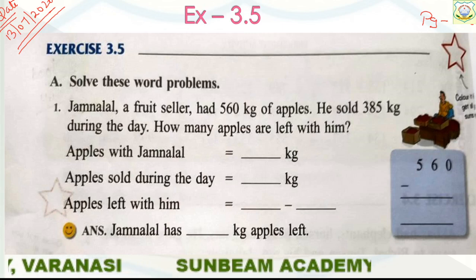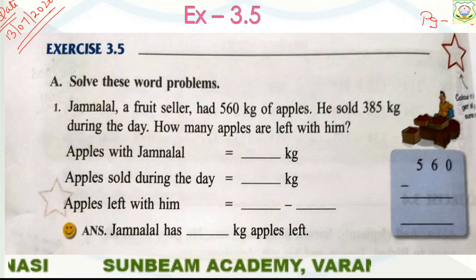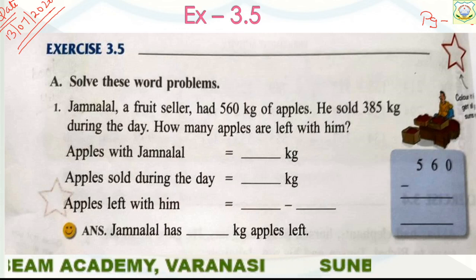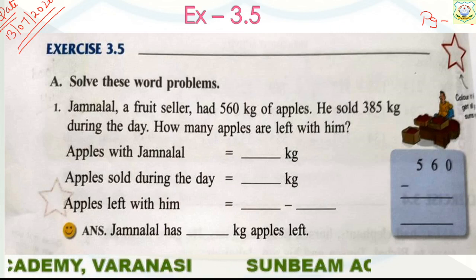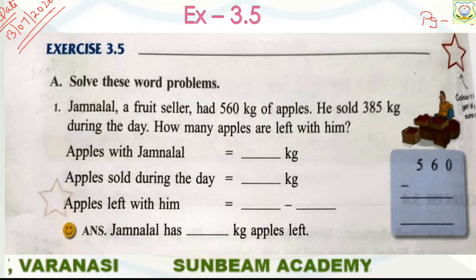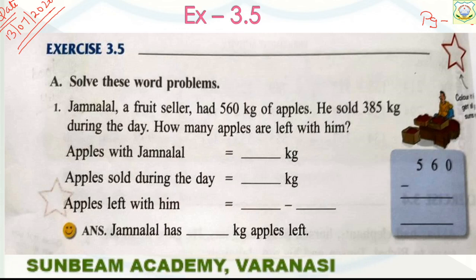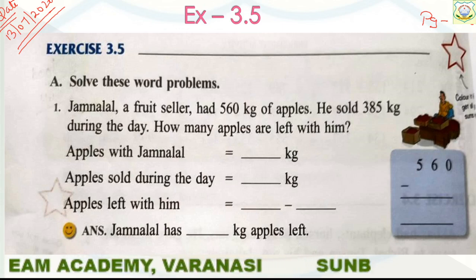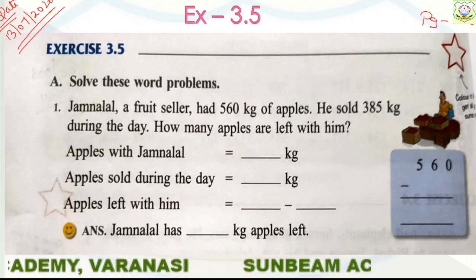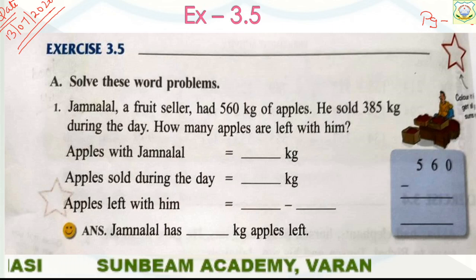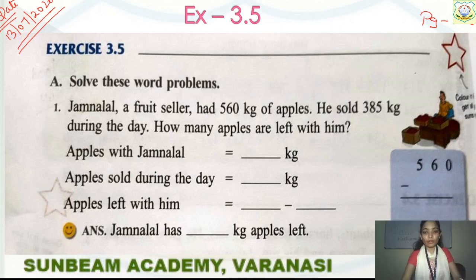Okay, so first we are going to do the question. Jamnalal, a fruit seller, had 560 kg of apples. Okay, there is a fruit seller. Let me open the camera so that you can see me and you can understand it more clearly.